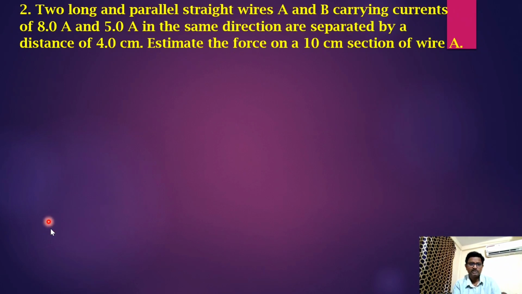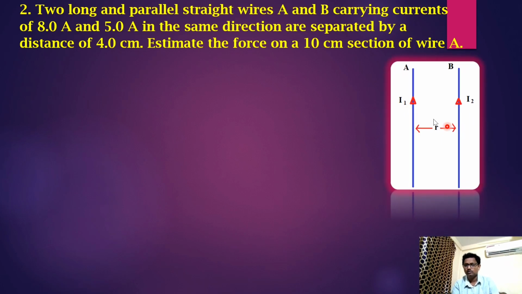Here the second question. Two long and parallel straight wires A and B carrying currents of 8 ampere and 5 ampere in the same direction are separated by a distance of 4 centimeter. Look at the figure.